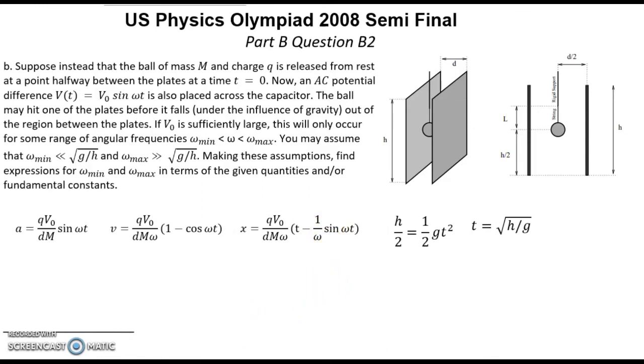So we have total distance is this one, and now we can estimate that this distance must be less than d over 2.